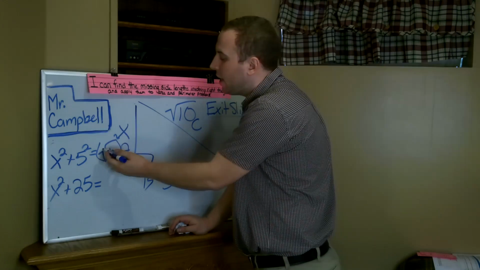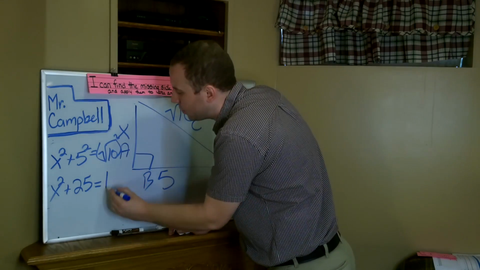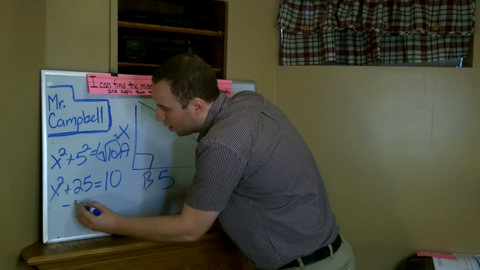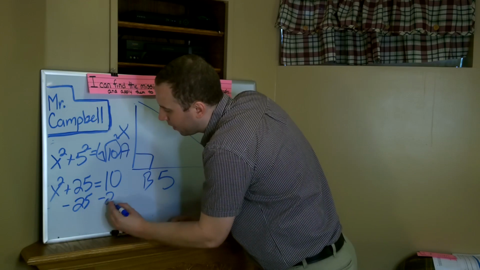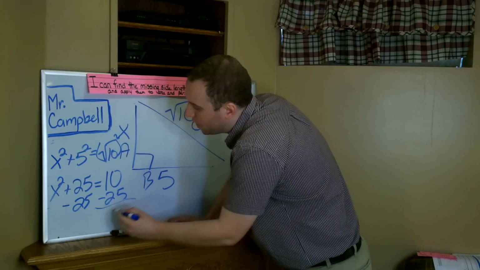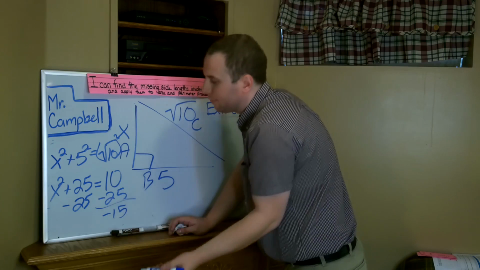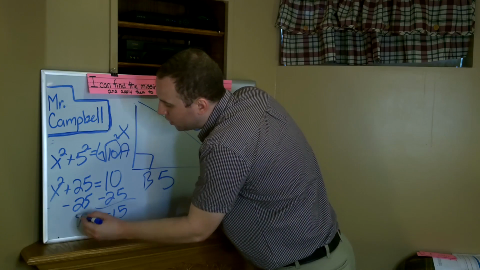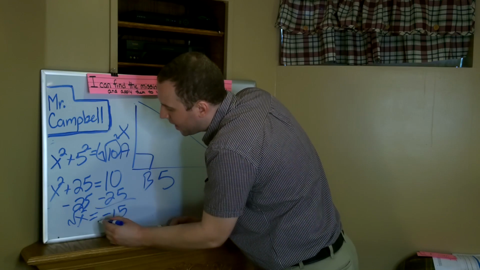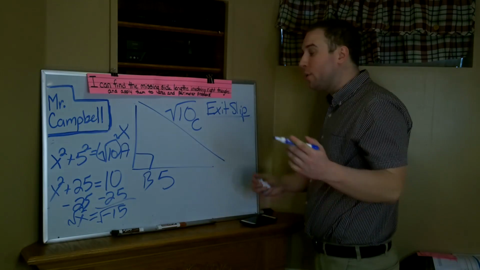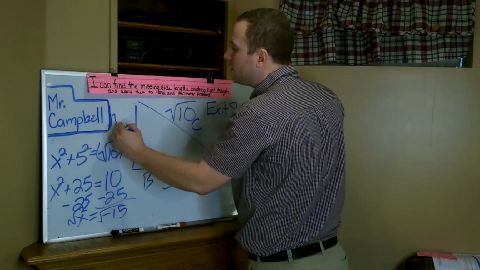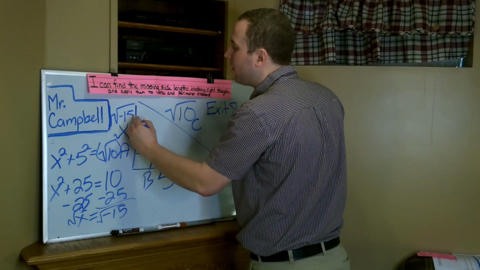When we're dealing with square roots and squares, it just becomes 10. So when I subtract, I end up with a negative 15. Negative 15 equals x squared. And if I take the square root, I'll end up with a decimal. But for this problem, let's just leave it as the square root of negative 15.